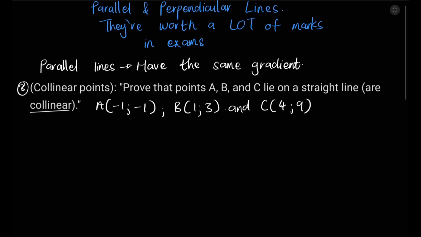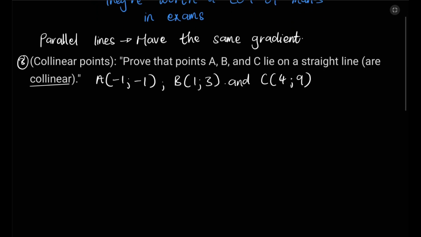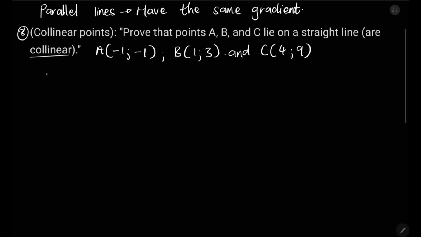Now let's start by calculating the gradient of the first segment, which is AB. What is our gradient formula? We have M is equal to y2 minus y1 over x2 minus x1, but it's the gradient of AB, so let's specify MAB. When you substitute, let's label our coordinates.